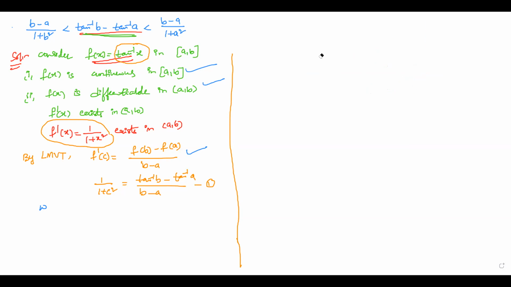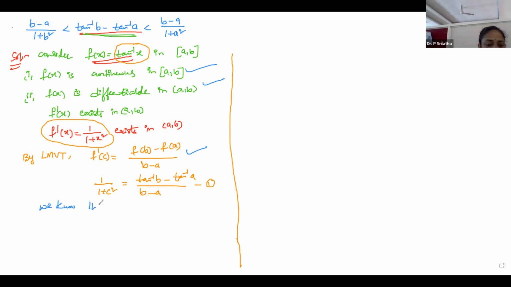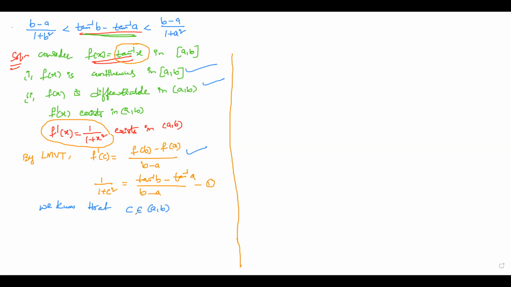C belongs to the open interval a comma b. Very good. We know that the condition is c belongs to the open interval a comma b, which means the value of c lies between a and b.